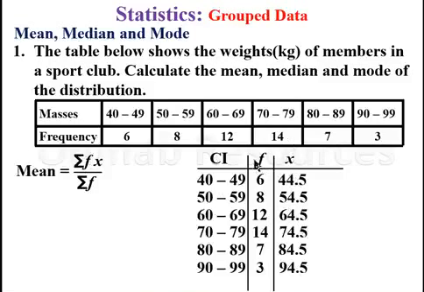So we can now find our fx. That's fx means frequency times x. And we said the x represents the mid value of the class interval.